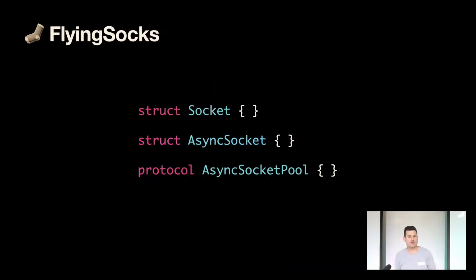So with that in mind, FlyingSocks is the module that provides that async interface. There are really 3 types in there. We've got this socket type, and that socket is my cross-platform overlay or wrapper that sits on top of the system calls that live underneath.